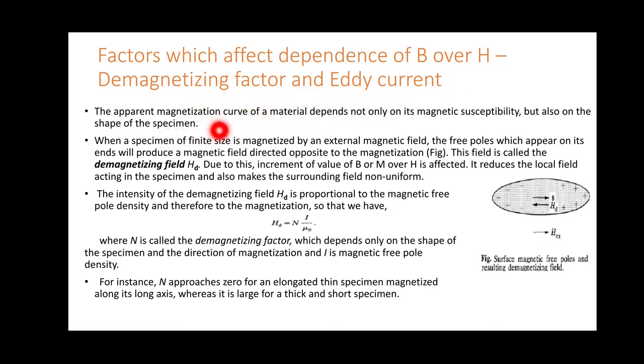The apparent magnetization curve of a material depends not only on its magnetic susceptibility but also on the shape of the specimen.